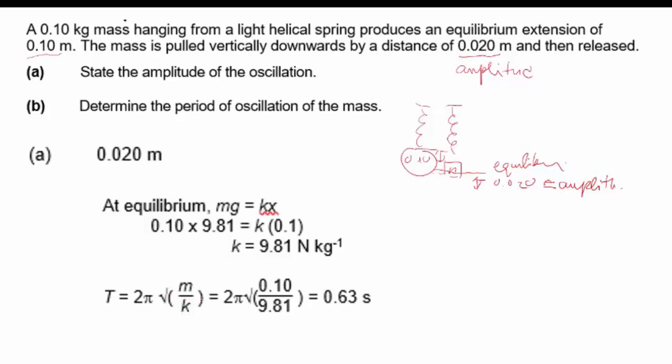You're given it indirectly by the fact that at equilibrium position, the total restoring force upward, kx by the spring, equals the weight downwards. So the upward force equals downward force. This is the equilibrium position. Once you have that, you can calculate the value of k. Once you have the value of k, you put it inside, and you can calculate the value of the period of oscillation. So the k is given indirectly in this case.